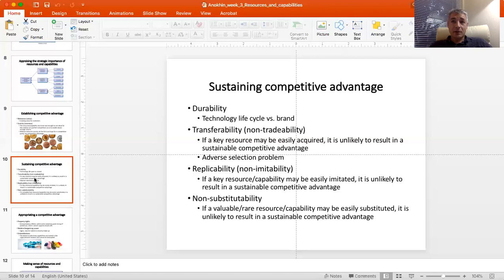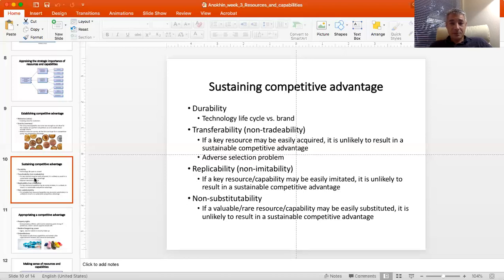And so, as a result, oftentimes firms end up overpaying for specific resources. They pay for them more than the value those resources would generate.